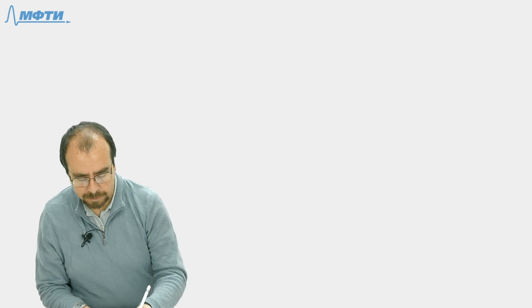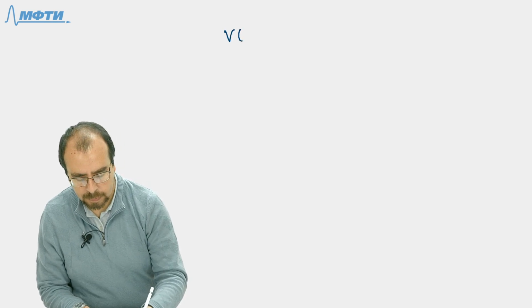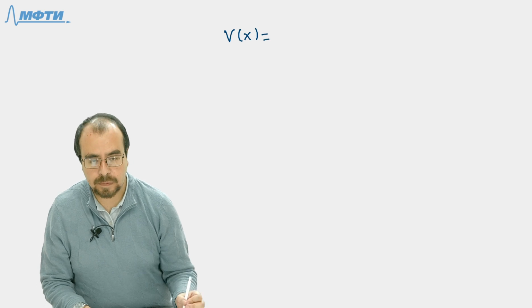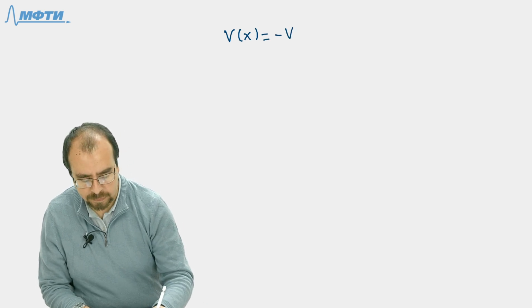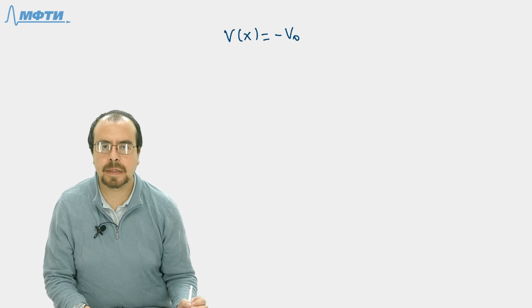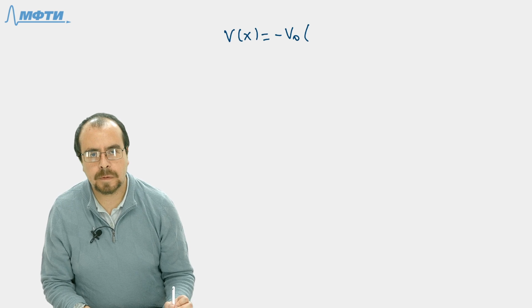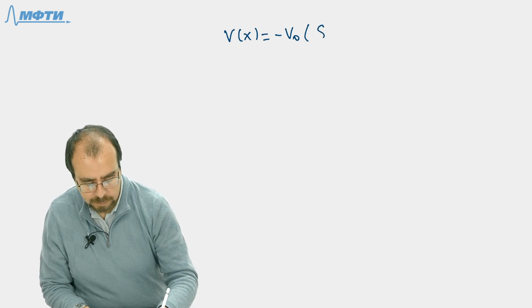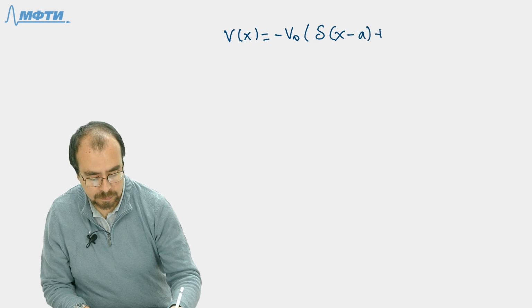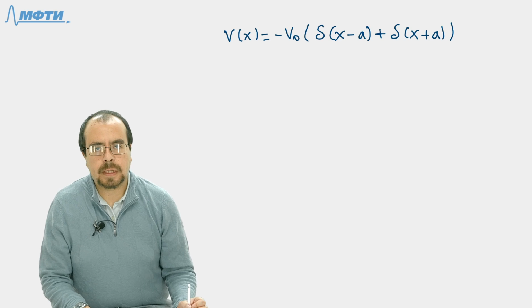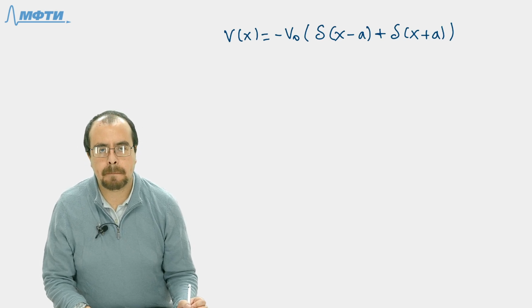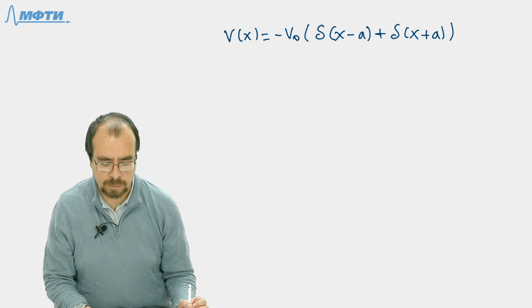For example, if we have a potential which is written like this, attractive because of the minus sign, times a parameter V0, delta(x minus a) plus delta(x plus a). Then we can solve again the Schrödinger equation for this kind of potential.